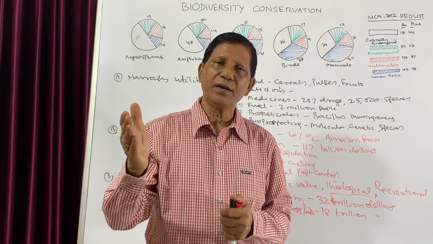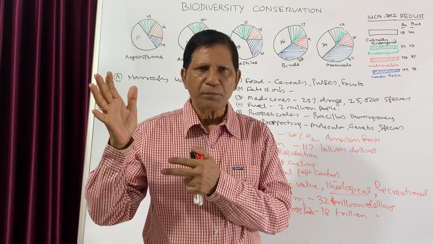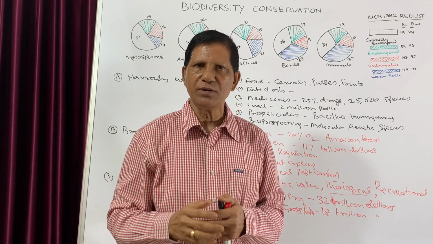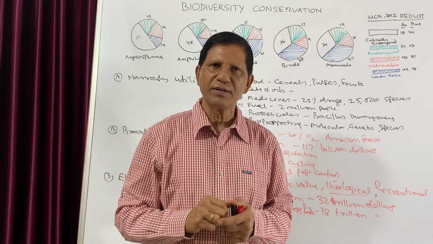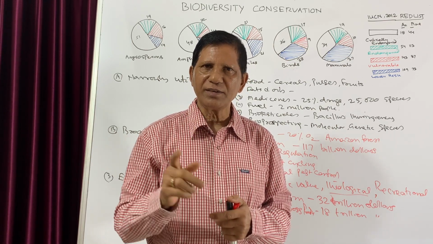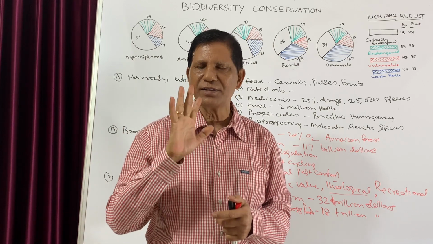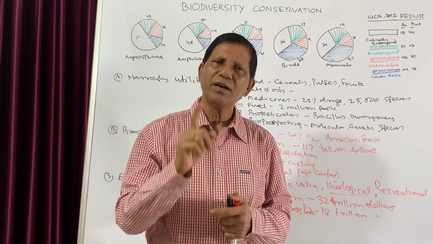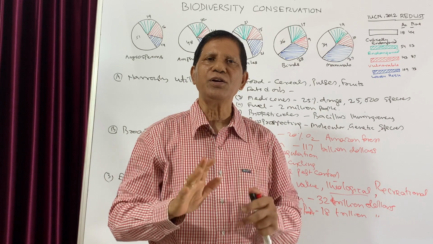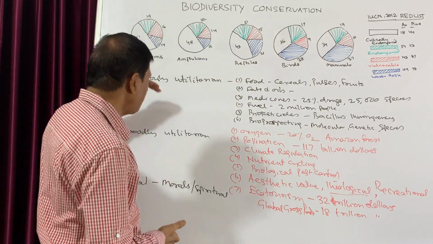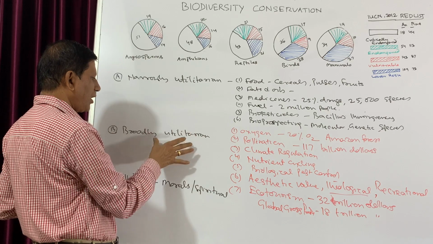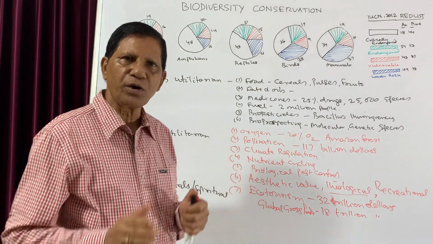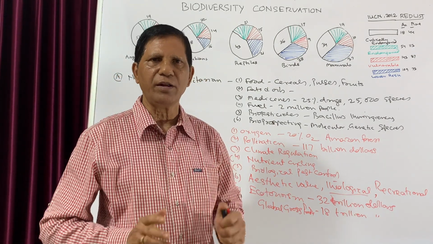Suppose you are working as a doctor in a place where there are terrorists and some of them are injured and come to you for treatment. Will you think that is a terrorist, let him die? No, that is not ethical. According to ethics, you have to treat even the terrorist in the right way. This is the selfish attitude, this is the normal attitude, but this is the moral attitude. So these are the three different purposes for which we should conserve biodiversity.